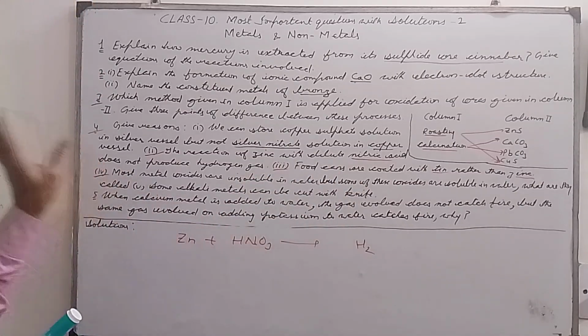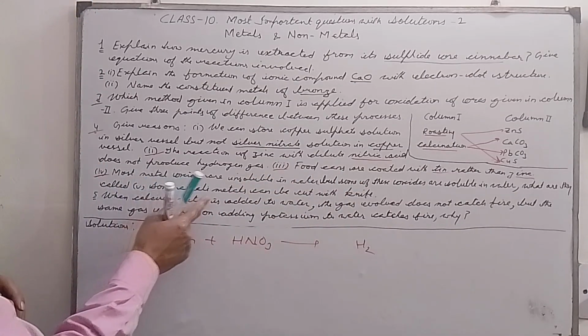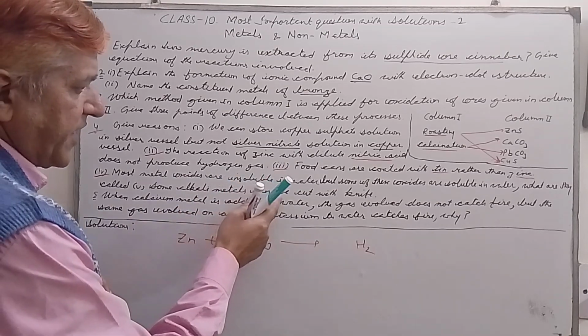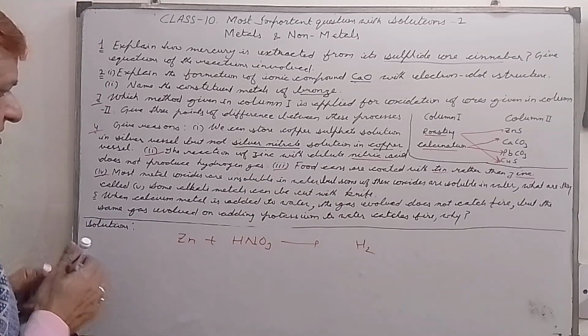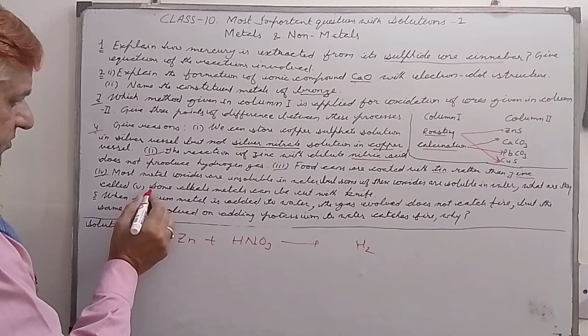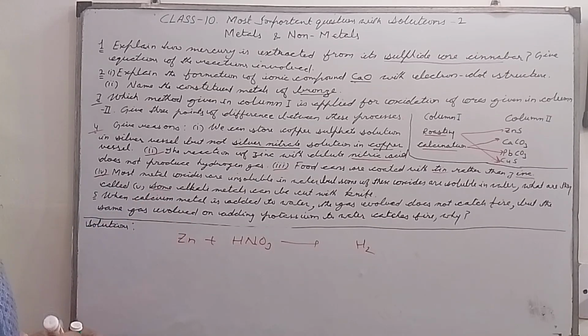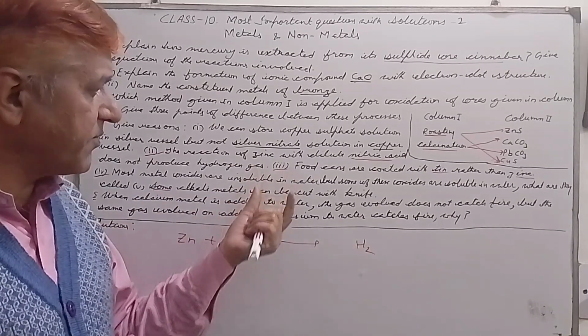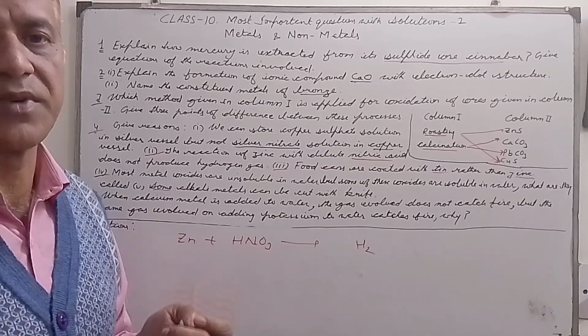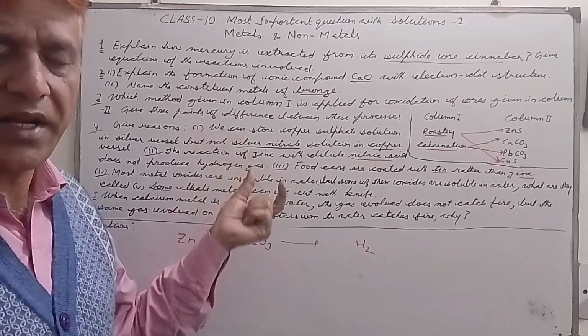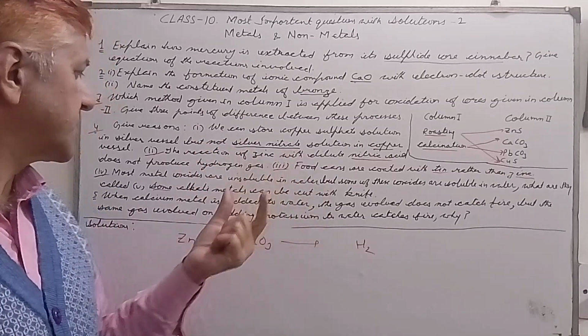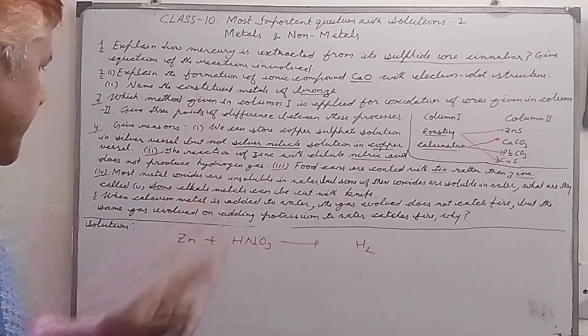So our answer is alkali. Some alkali metals can be cut with a knife. Yes, because for example sodium and potassium can be cut with a knife. Why? Because they are highly electropositive. Due to being highly electropositive, they are soft, so they can be cut with a knife.